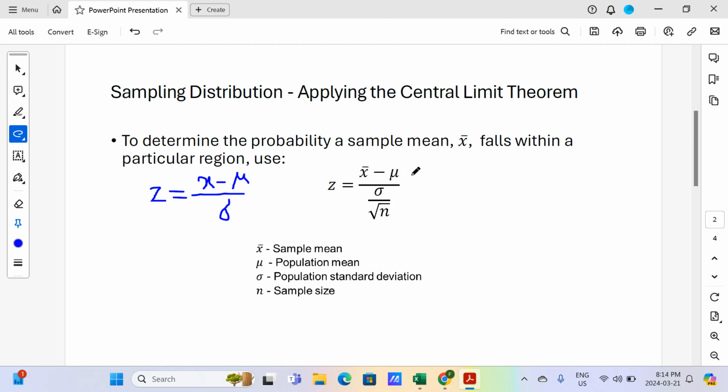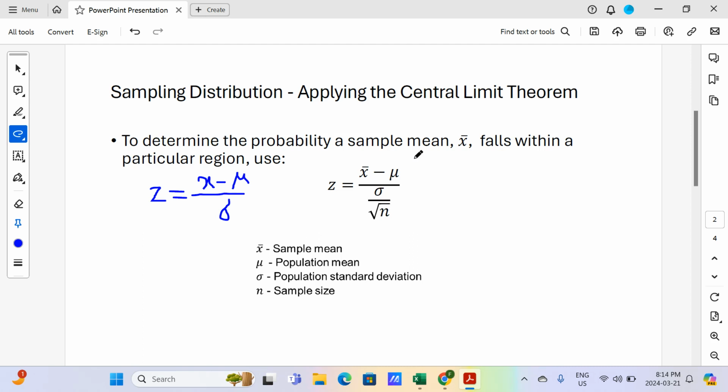What is the mean of the sampling distribution or distribution of X bar? It's equal to the population mean. I'm going to use same mu, population mean. But what is the standard deviation of the sampling distribution? It's sigma over square root of n. So instead of sigma, I'm going to work with sigma over square root of n. Okay, I'm going to divide the population standard deviation by the square root of the sample size.